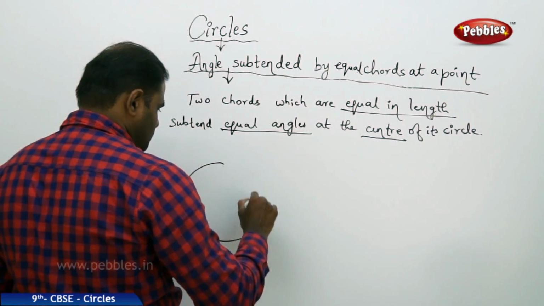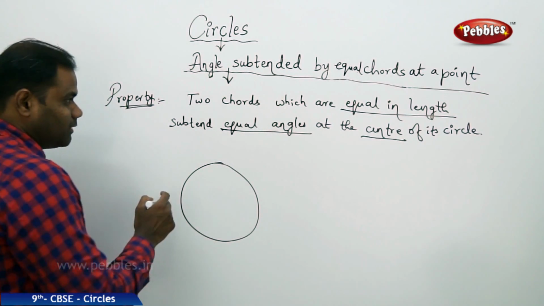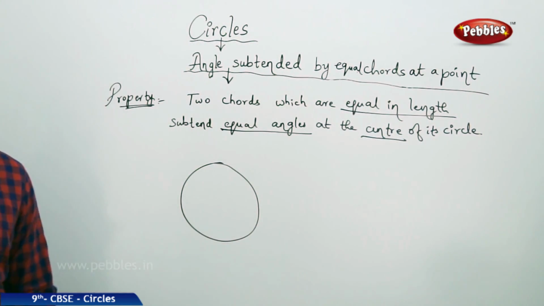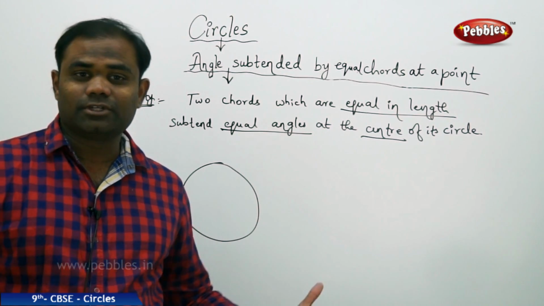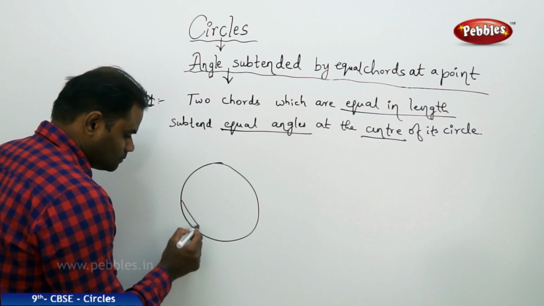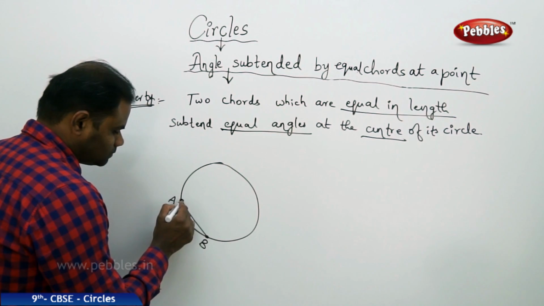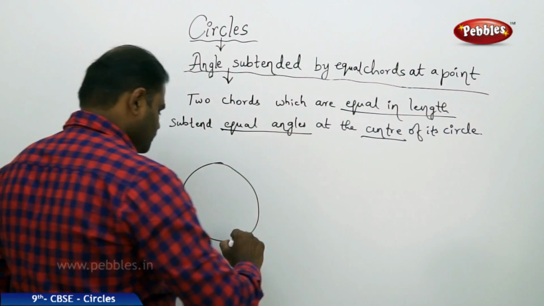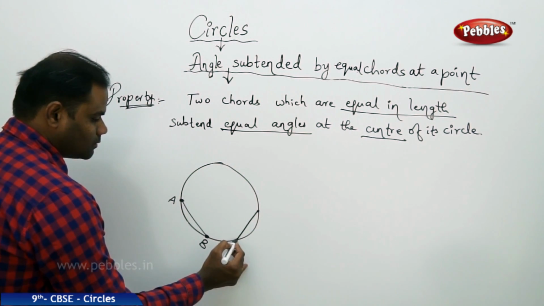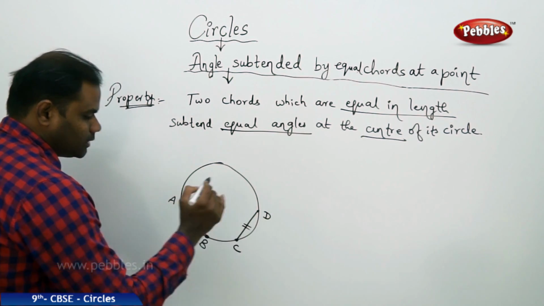Imagine I take a circle. Now the property says that if I take two chords which are equal in length, so let me take chords AB and CD which are equal in length. So I take the chord AB and I take the chord CD, provided they are equal in length.